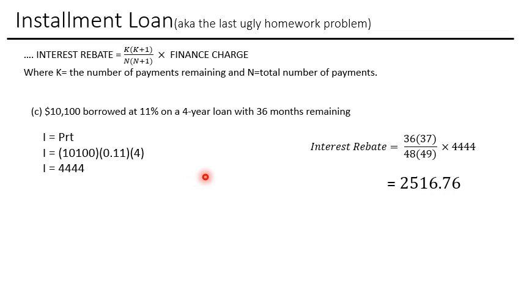So hopefully that will help you. This was one of the harder parts of this particular problem. The other easier parts pretty much just use this interest rebate formula. And so you should be able to use this example and come up with answers for that.